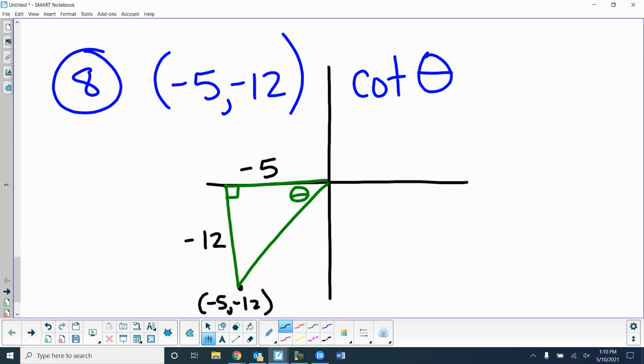All right, so cotangent is the reciprocal of which one? Tangent, right? Opposite over adjacent. So what do I have to do? Adjacent over opposite. What's adjacent to theta? -5. What's opposite theta? -12. I didn't even have to worry about finding the hypotenuse, did I?